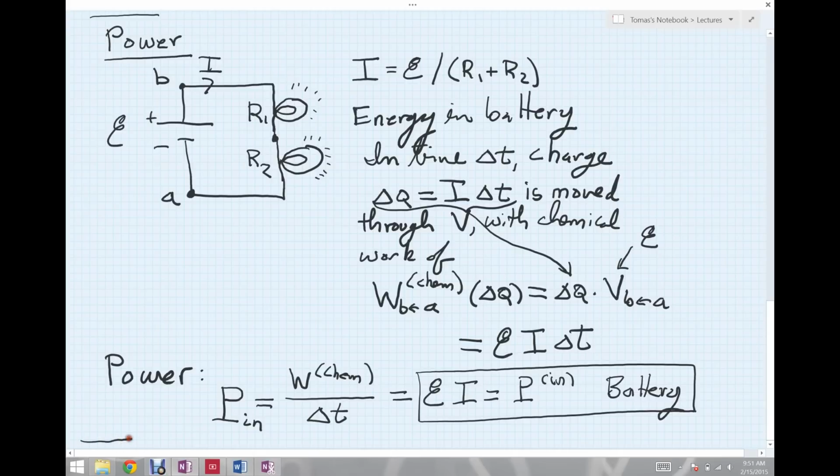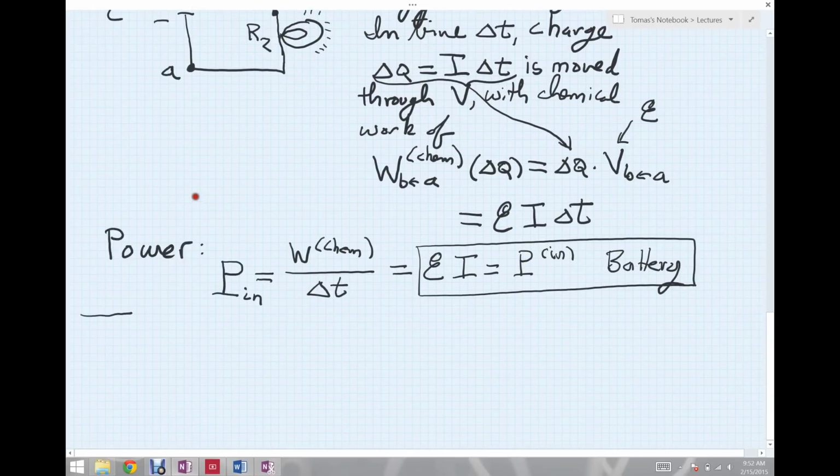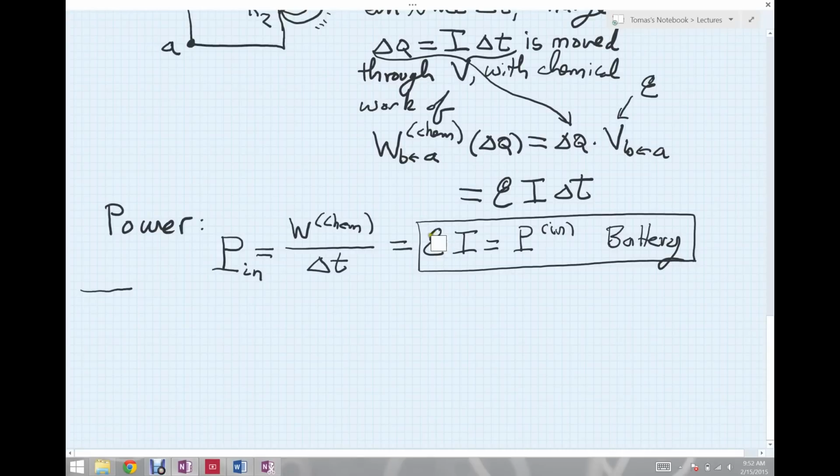Now, it helps when we think about a relation like this to run through the dimensions, the units that go along with a power equation like this. We'll recall that the EMF of the battery is a voltage, and the units of voltage are always measured in joules per coulomb. Work done per charge moved.